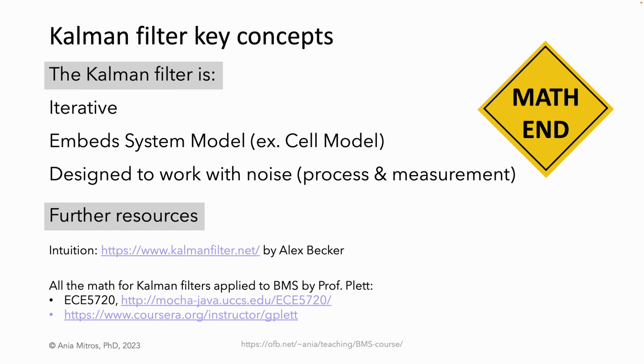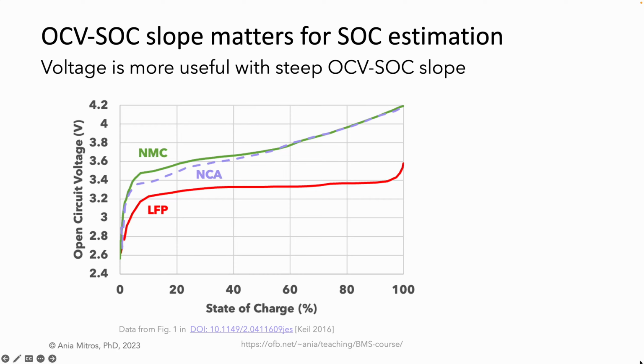If you want to implement a Kalman filter for battery management, refer to Professor Plett's course materials, including Octave code. It's also important to note that state of charge estimation is easier for cells with a steep OCV-SOC slope than for cells with a shallow slope. And typically, NMC cells have a steeper slope than LFP cells.